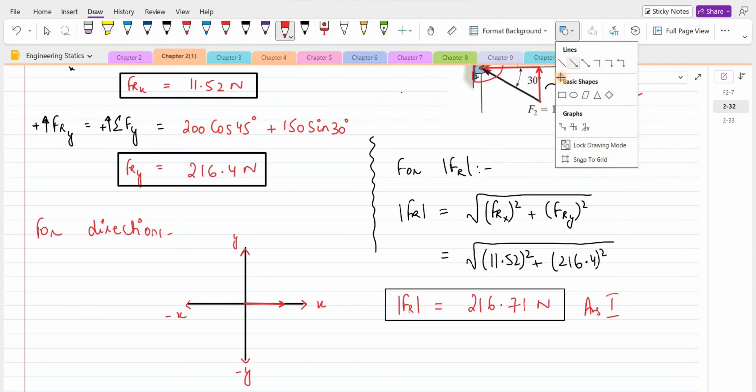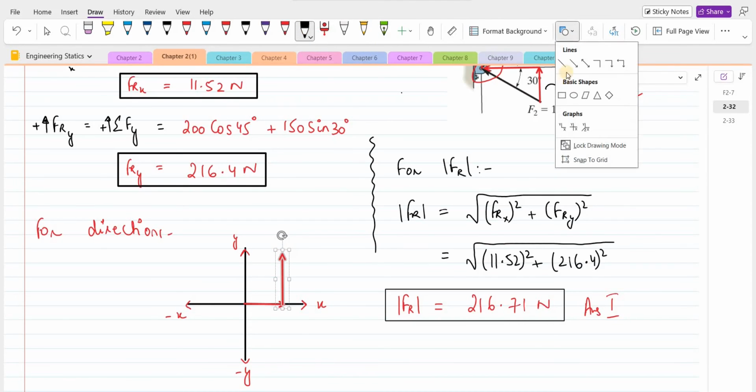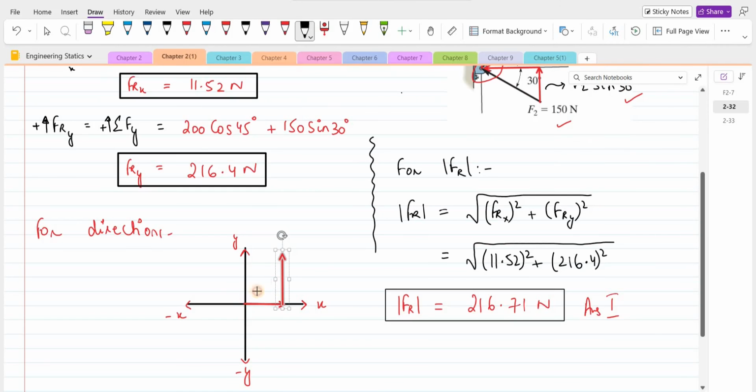Using the head-to-tail rule of vector addition, this is the Fry, and the resultant can be drawn from the tail of the first vector to the head of the last vector. Let me label them. This right here is Fr, this is Fry, and this is Frx.